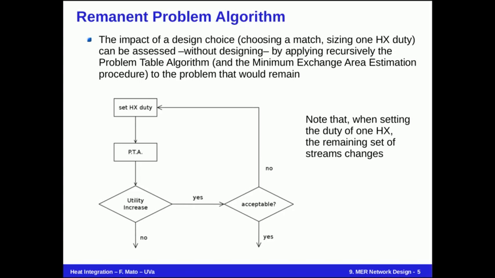Finally, in big networks, the remnant problem algorithm can be useful. This is simply explained. We propose a new heat exchanger with its duty. Then calculate the problem table algorithm for the rest of the network. If the utility increases compared with the prior one, then this match is feasible, but some in the future will not be.